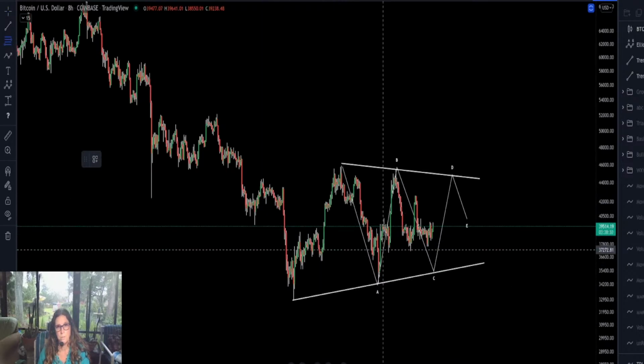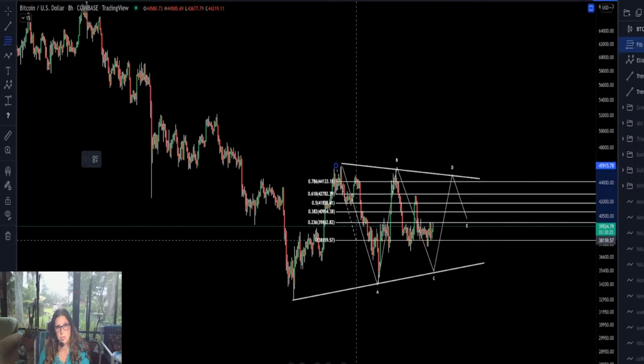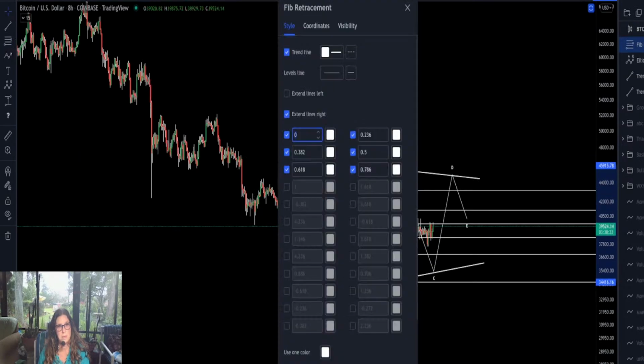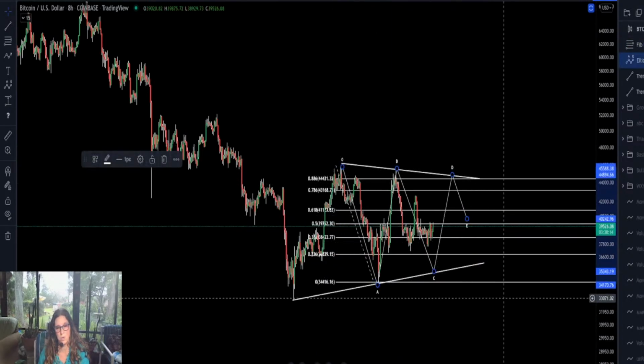So if we measure our A leg with a fib extension tool, our B hit 886, if this is the way that this triangle is going.